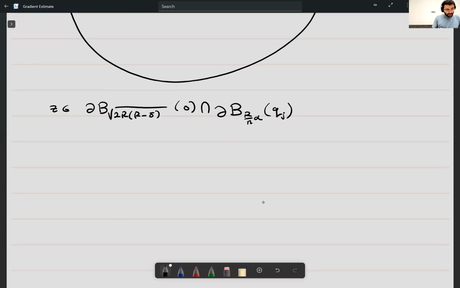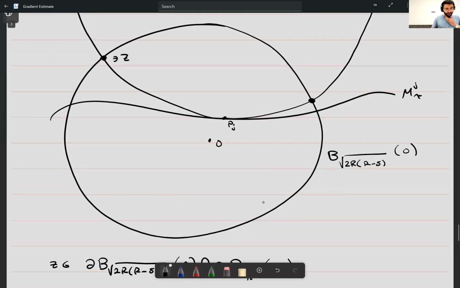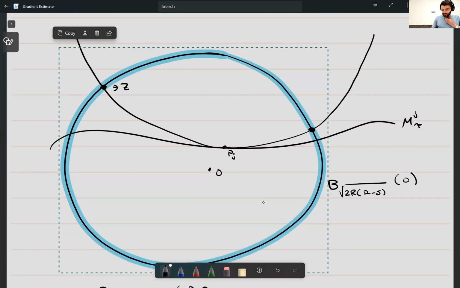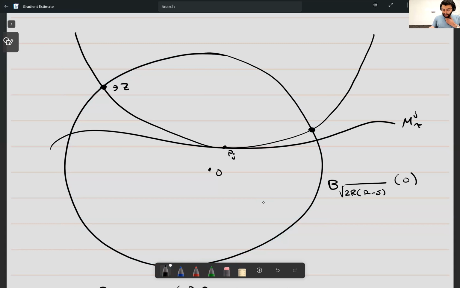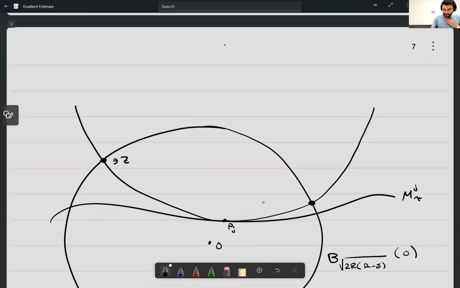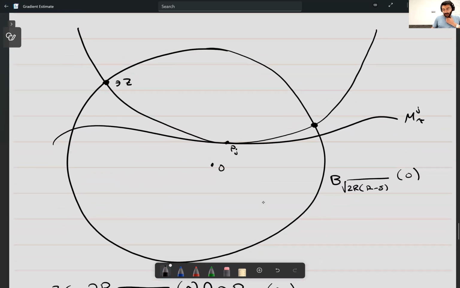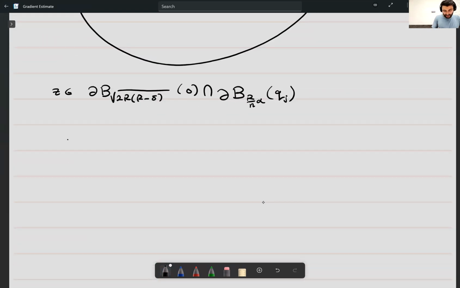Okay, so let's see. The distance from Z to qj, all the way up there, is equal to r alpha divided by n squared.